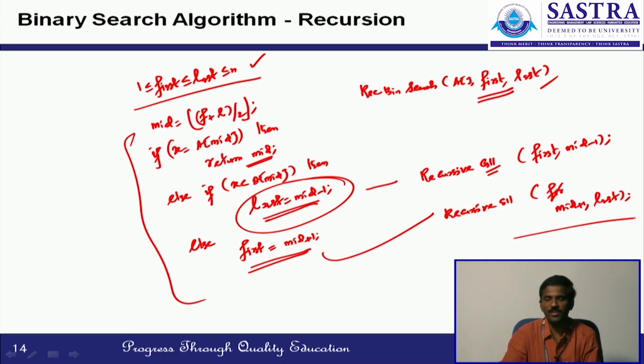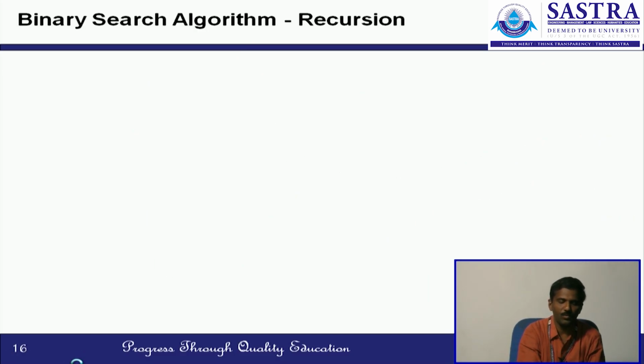The entry condition is checking if 1 less than or equal to first, less than or equal to last, less than or equal to n. In case first less than or equal to last becomes false, then return a value 0. So, this way the iterative version is easily converted into the recursive binary search.